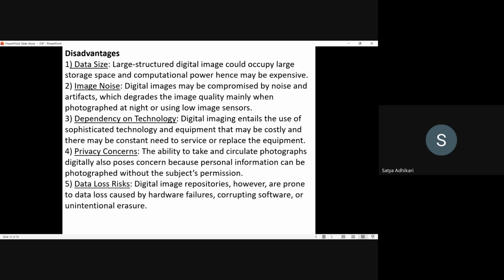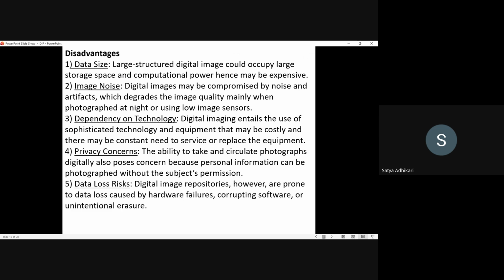Besides this, it suffers some drawbacks, some disadvantages. Data size. Large digital images could occupy large storage space, and the computational power needed may be expensive in this application. So this is also a drawback, data size.